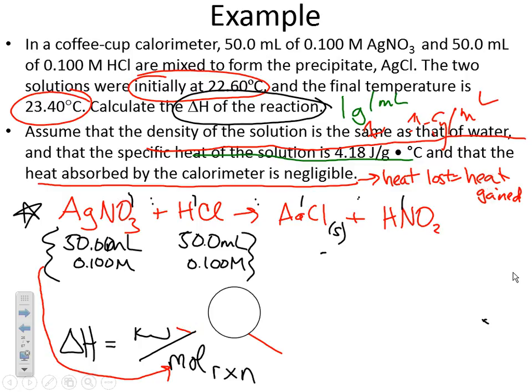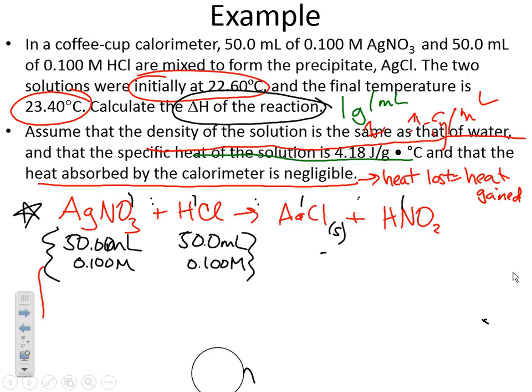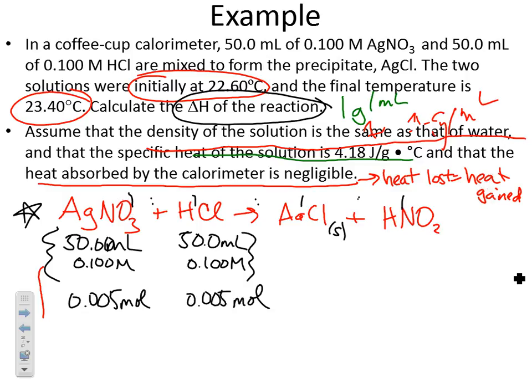So let's figure out how many moles we have. Honestly, I'm not even going to write it up because I'm confident that at this point we can use the molarity definition to get moles of each one. And you work out that you have 0.005 moles of both silver nitrate and hydrochloric acid. Want to point this out.